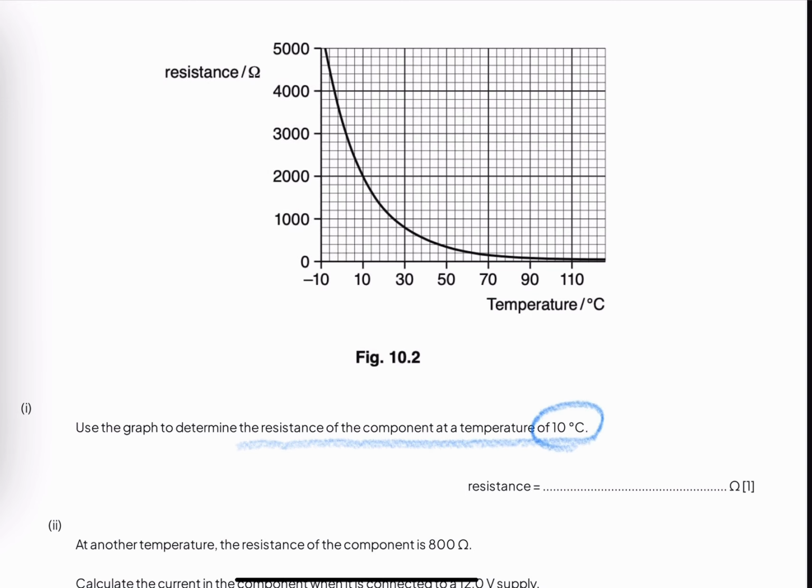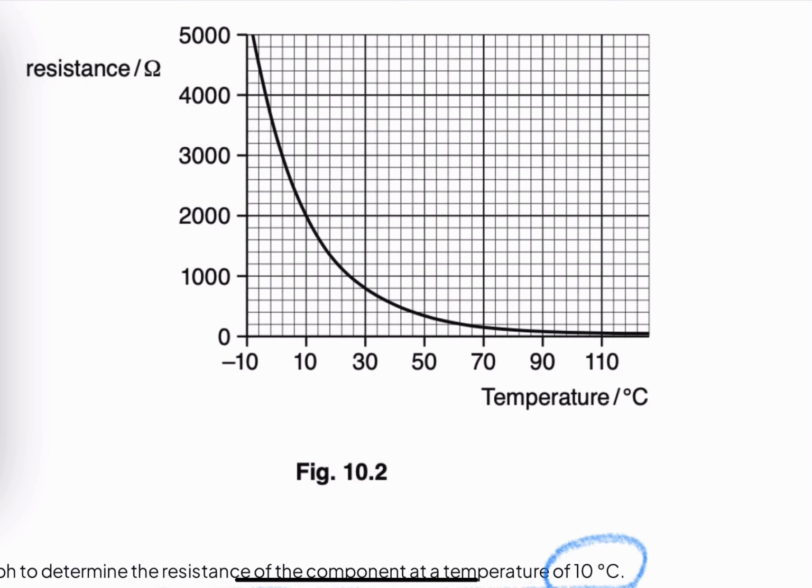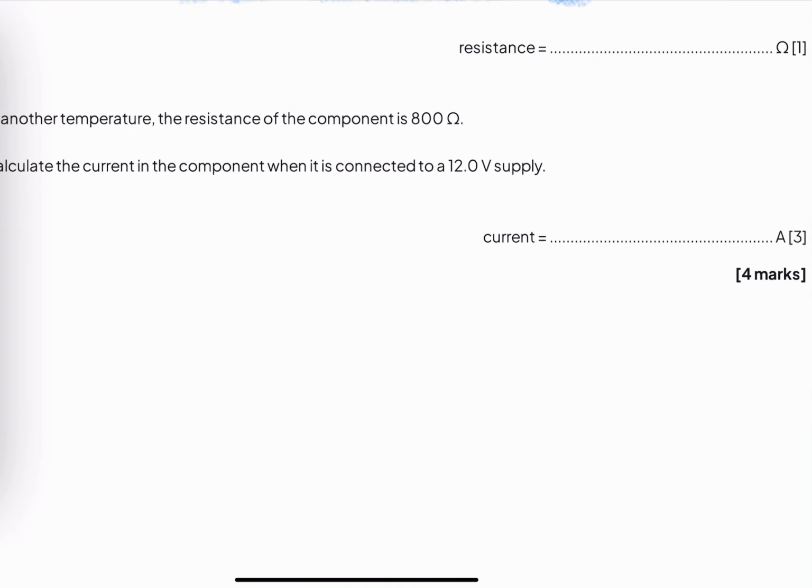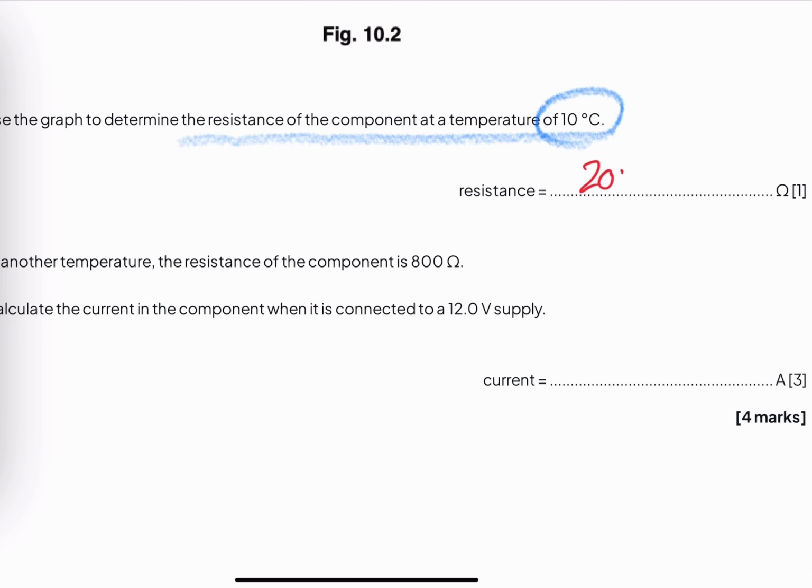Okay, so where is 10 Celsius? Y-axis is showing temperature. You have to tell its resistance, so it's 2000. Okay, and units are also given, it's 2000 ohms.